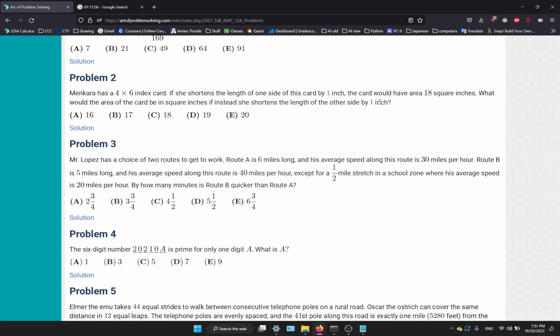Yeah. So instead we're going to change it to a 3x6. So we're changing the short side. What would the area of the card be if she shortens the other length instead? So we changed it to a 3x6. Instead, we want to change it to a 4x5. What's the area? 20. Okay, that works. 2E.